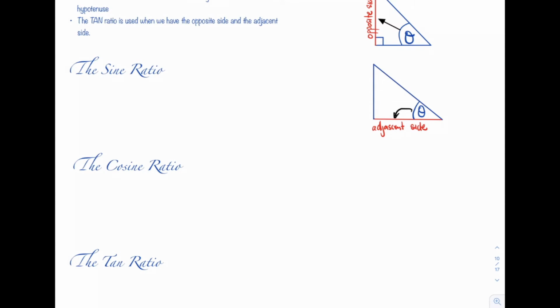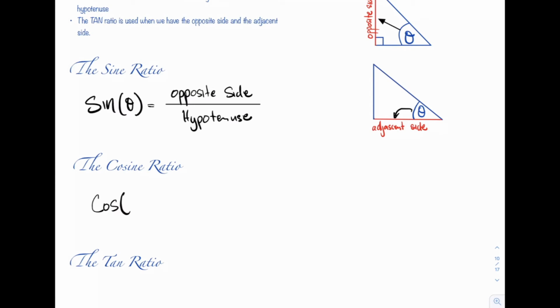The sine ratio says that the sine of the angle theta is equal to the opposite side divided by the hypotenuse. The cosine ratio says that the cosine of the angle is equal to the adjacent side divided by the hypotenuse.